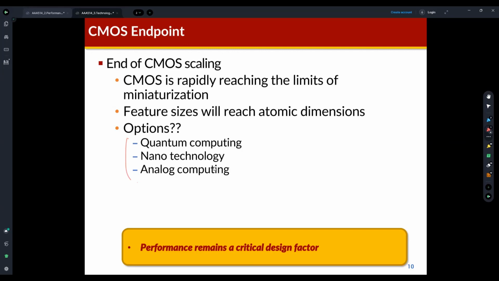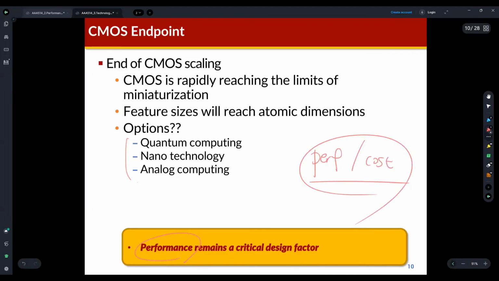So the trend of processor design and research is highly influenced by CMOS scaling. But we need to remember that performance and cost are the very critical factors.